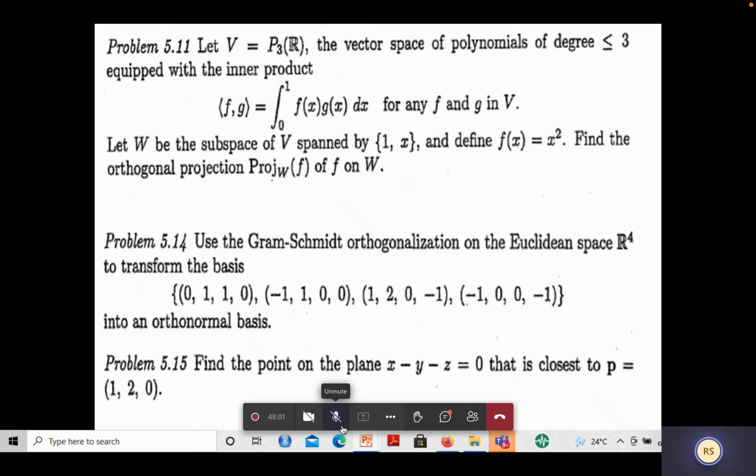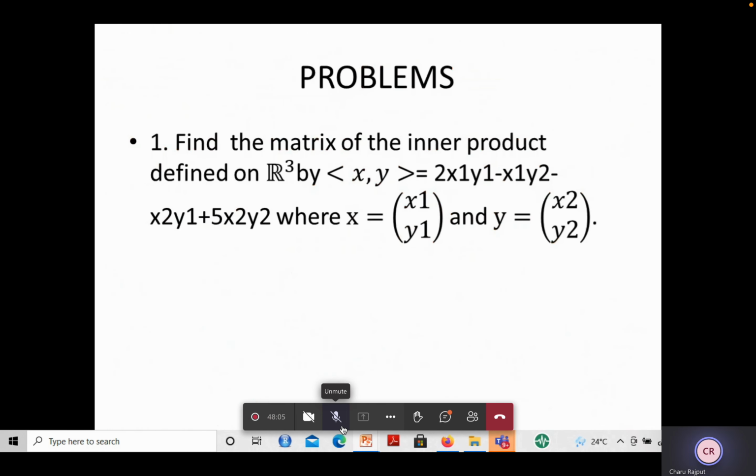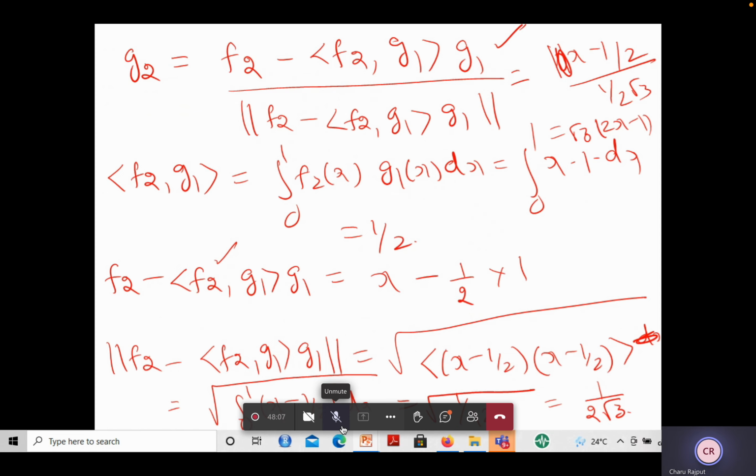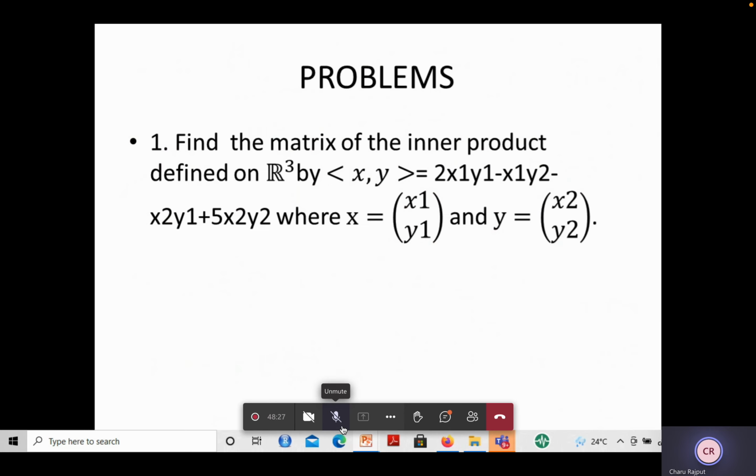Ma'am, could you go to that last slide? Here I did not understand how root 1 by 12 came. Are we expanding the whole thing and checking with the limits? Yes, you evaluate it and you will get this. I was getting some other answers.